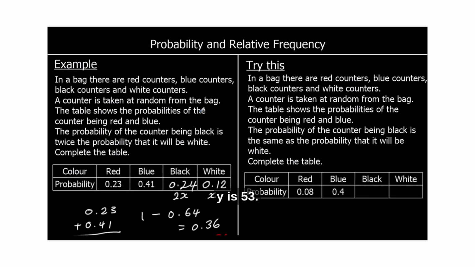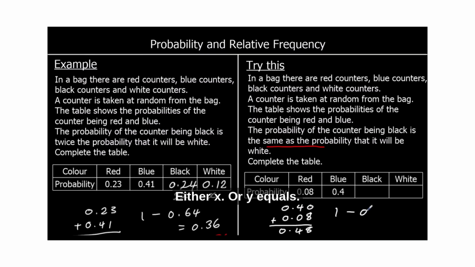And one of these for you to try. So this time, what does the question say? The probability of it being black is the same as the probability it will be white. So give this one a go. So we've got 0.4 and 0.08. So we've got 0.48 so far.